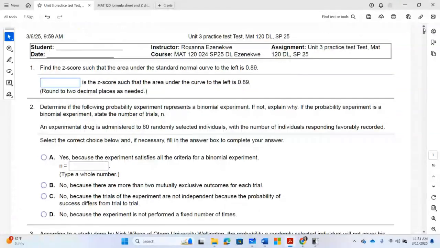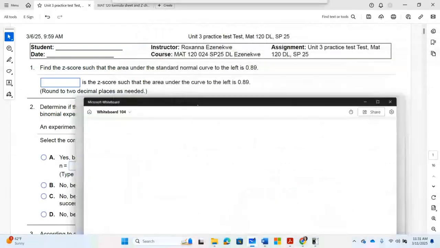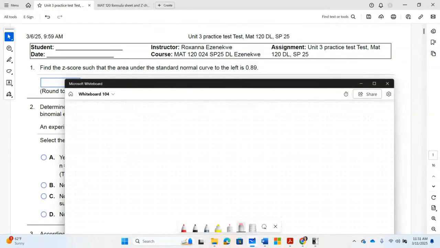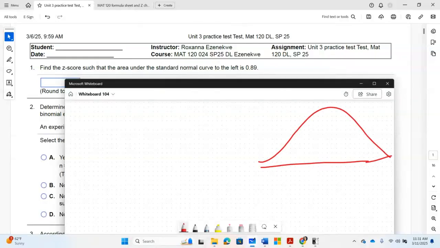Question number 1 is the same thing as what we have been doing. This says find the z-score such that the area under the standard normal is 0.89. Same thing we have been doing. If you're told to draw a picture, it's always good to draw a normal curve. 0.89 is greater than 0.5, so it's on the right-hand side.